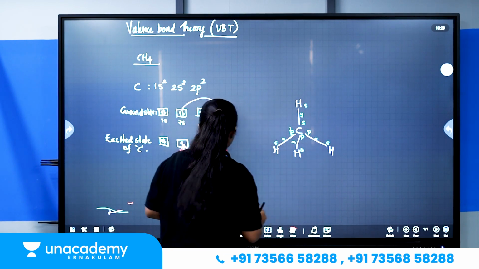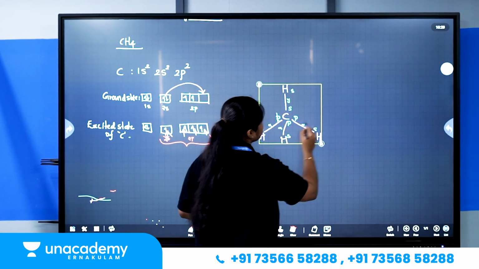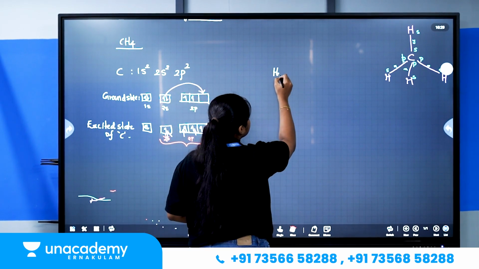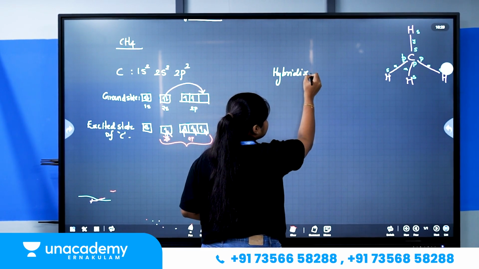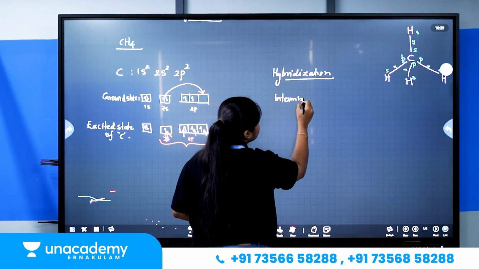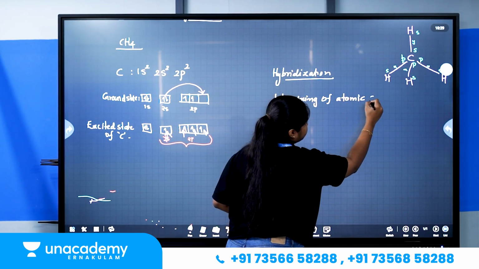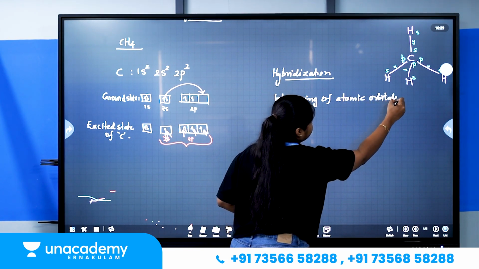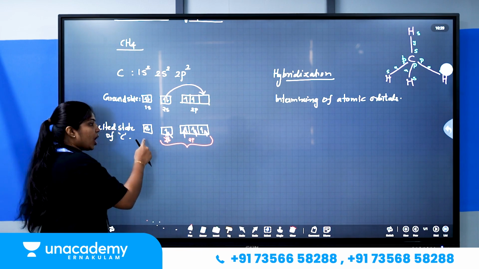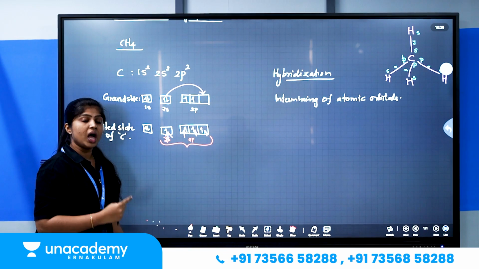It's intermixing. That is, this s orbital and these three p orbitals will undergo intermixing. So, hybridization is intermixing of atomic orbitals. Here, before overlapping, the carbon's 2s and these three 2p orbitals will undergo hybridization.